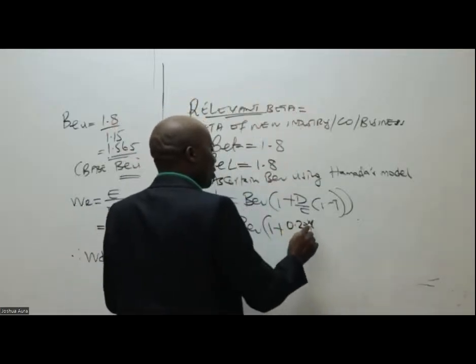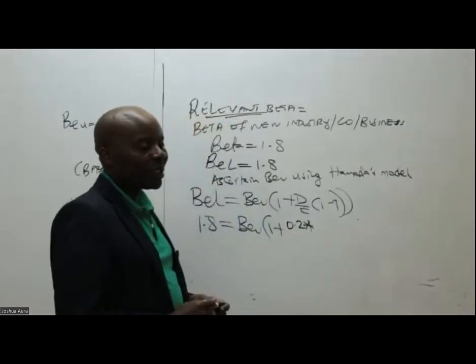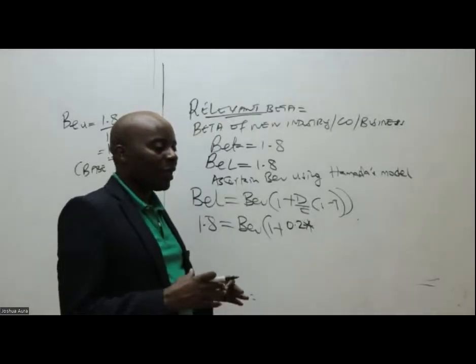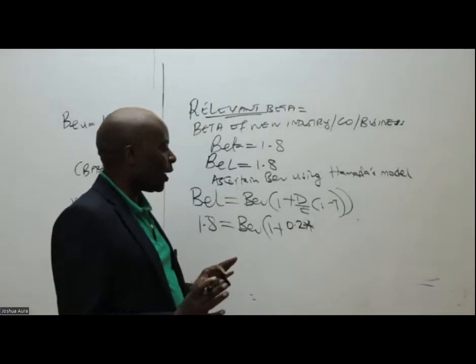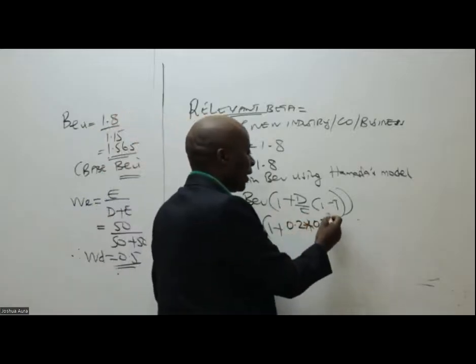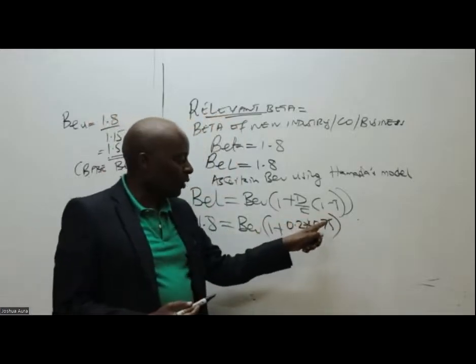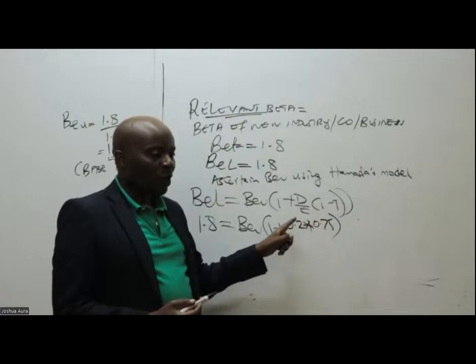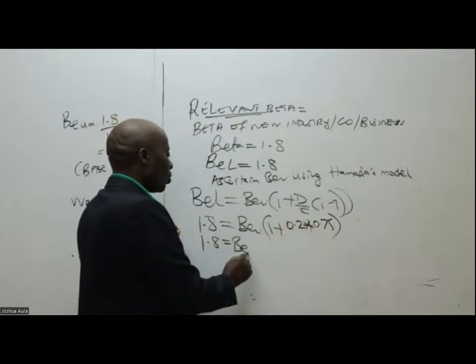Times 1 minus tax. Have they given me the rate of tax? Never assume it's 30%. In finance, if tax is not given, take it to be 0.25. So 1 minus 0.25 gives me 0.75. So could you guys kindly give me what we have in brackets?